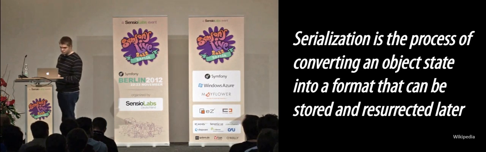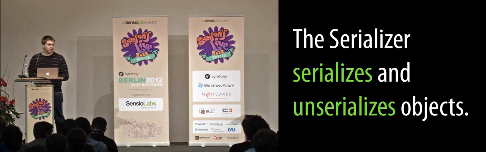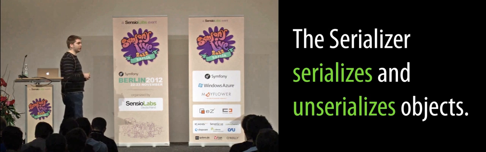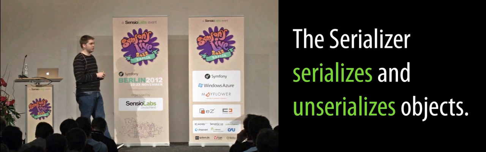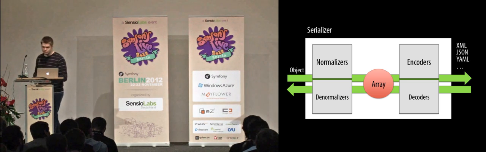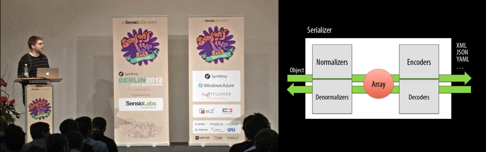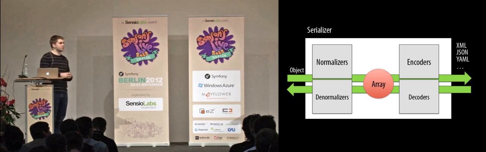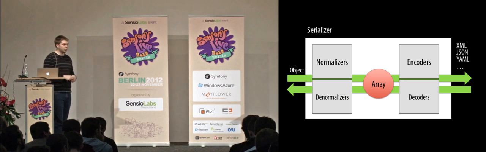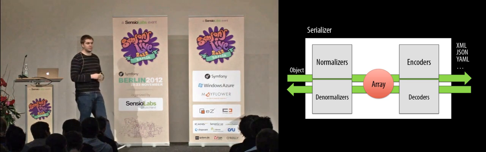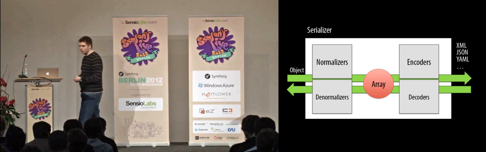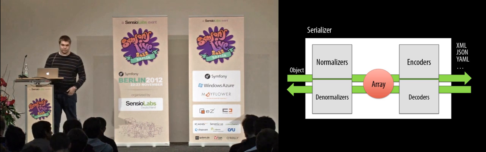This serializer object has two main jobs: serializing an object and deserializing an object. Internally, we have this main serializer object, and it's built with normalizers. The normalizers are objects that convert your PHP object into associative arrays.